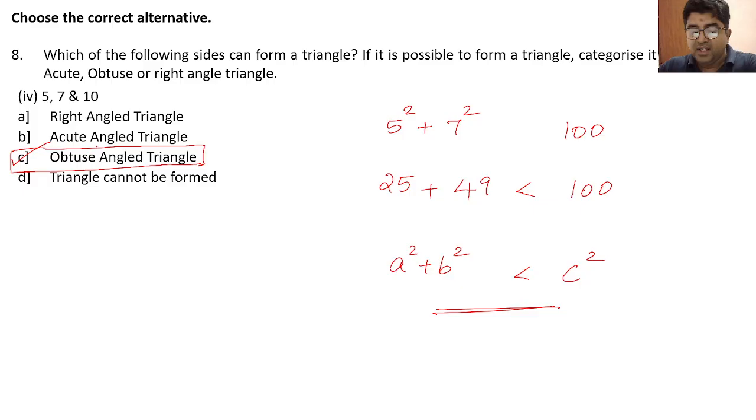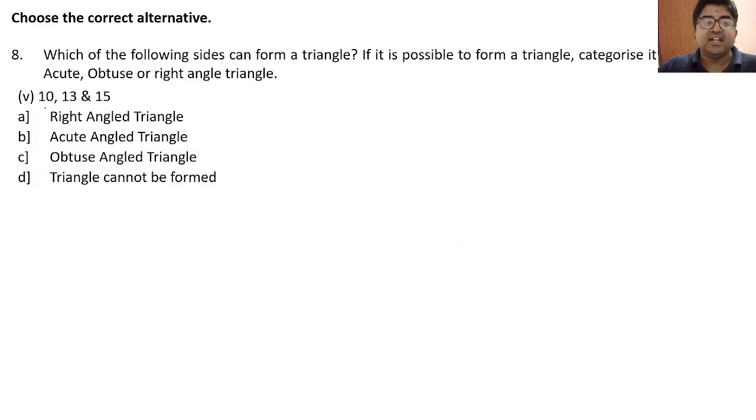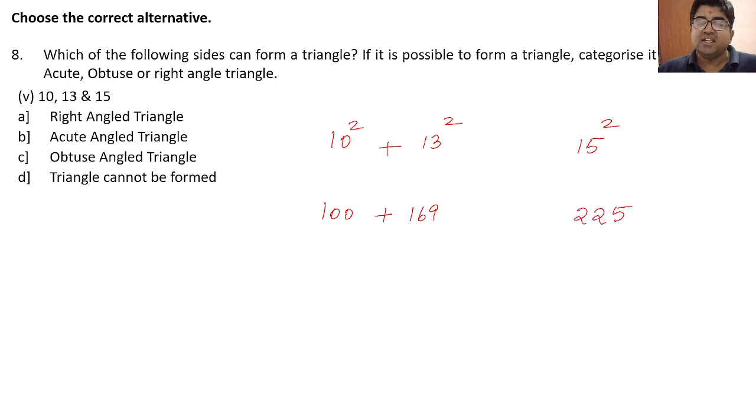Got it? Now the last one, 10, 13 and 15. The three sides are presented in ascending order. I compare the total of 10 square and 13 square with 15 square. 10 square is 100, 13 square is 169, 15 square is 225. 100 plus 169 is 269, which is greater than 225.